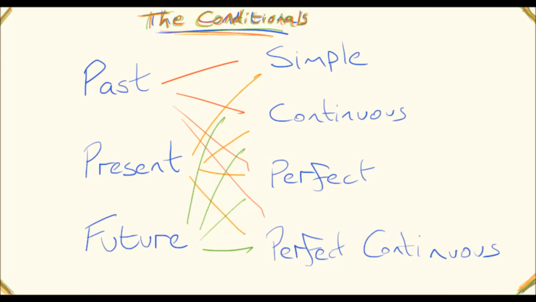And if you don't recall, let's just remind ourselves, if I say continuous, you're going to say the auxiliary verb. Which one? It's the auxiliary verb to be. If I say perfect, you say the auxiliary verb have. If I say perfect continuous, you say have and be.